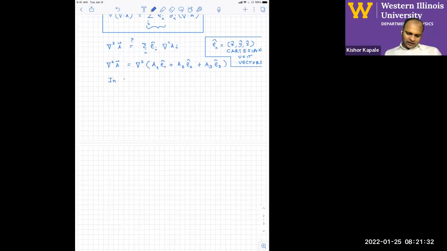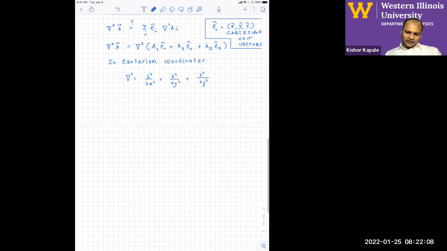So in Cartesian coordinates, what is, for example, a del operator applied to, let's apply del squared. Del square operator is, right, in the Cartesian coordinates.